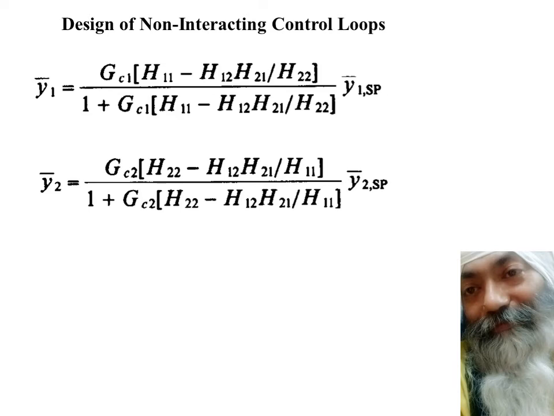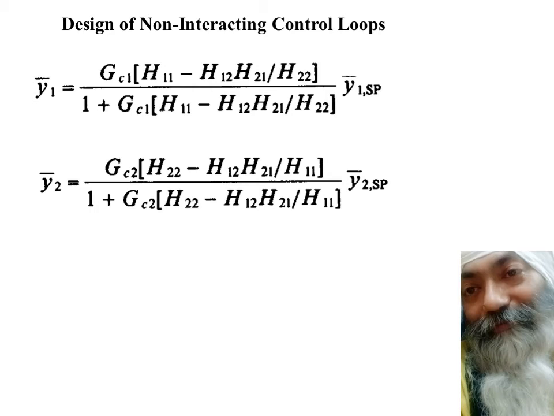So it means that the lower loop is independent of the upper loop. We had seen earlier that the upper loop was independent of the lower loop, and now we have seen that by adding D1 and D2, the decouplers with appropriate values, we have finally been able to design a kind of non-interacting control loops. These D1 and D2 are called decouplers.